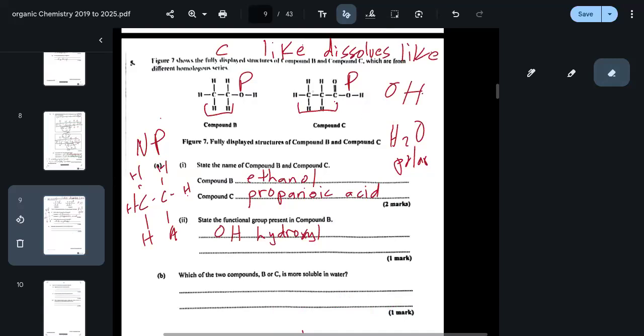But this one is a larger molecule. All right. Oh, let me get the pen.